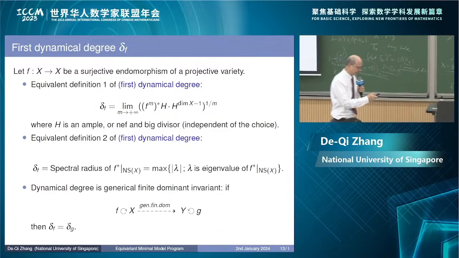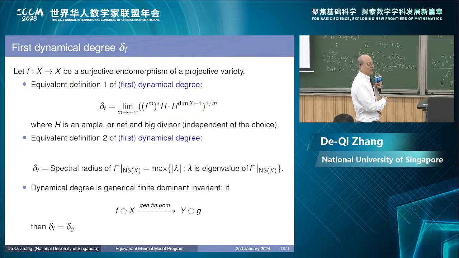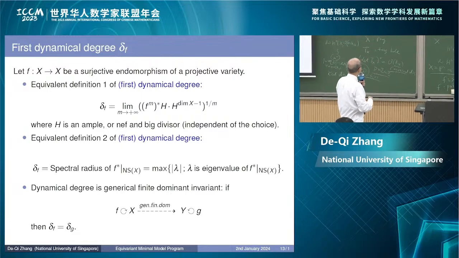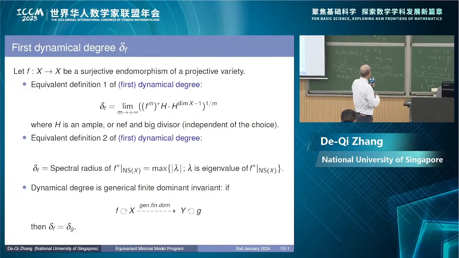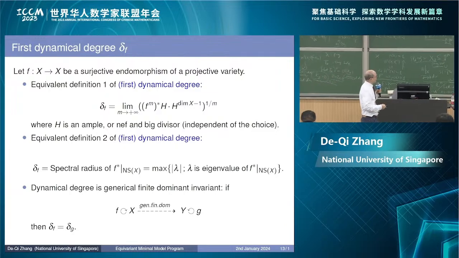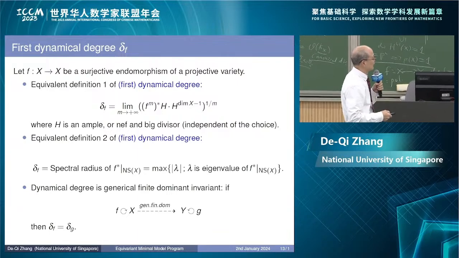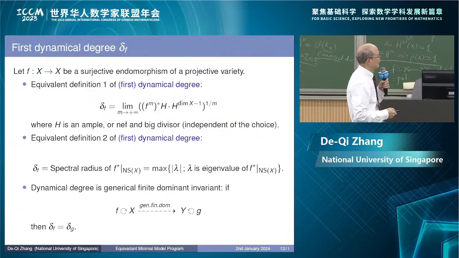So this is a linear space. Usually we define over R, so R coefficients. So an R-vector space, finite dimensional. H^{1,1} you can also consider over R. So just look at the linear action of this endomorphism on this linear space. Then look at the eigenvalues, look at the modulus.